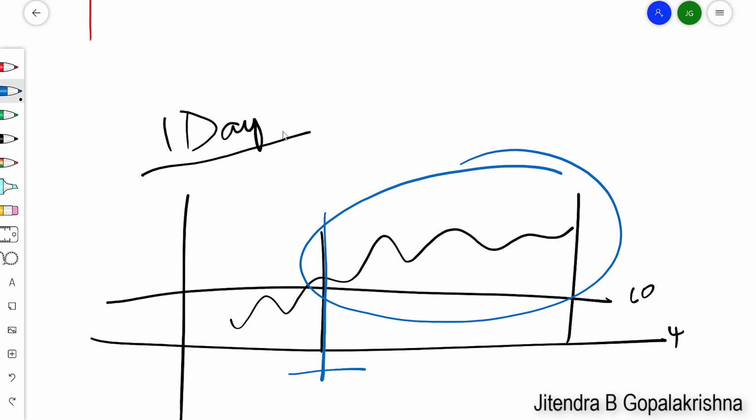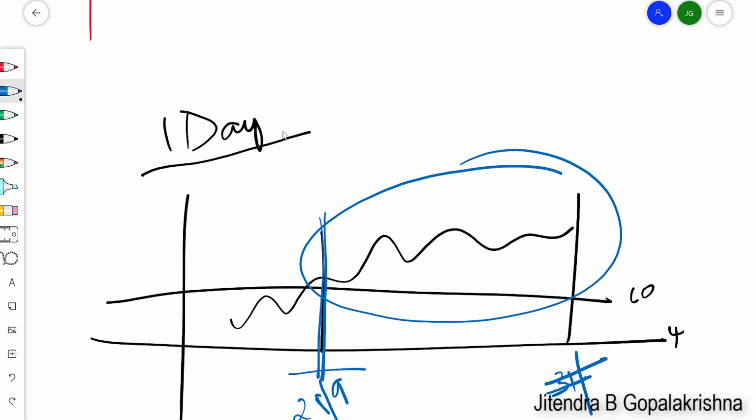So for example, 21st September to say 31st, or it is continuing. Let me not put the end date. So 21st September onwards, it is completely above 60 RSI on daily time frame.